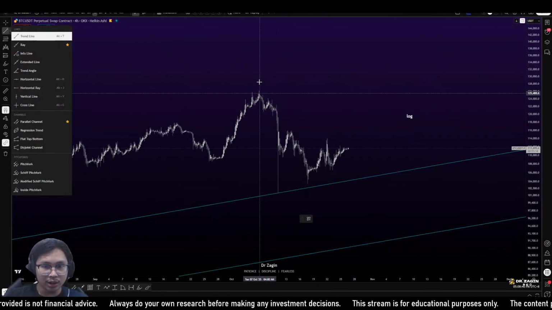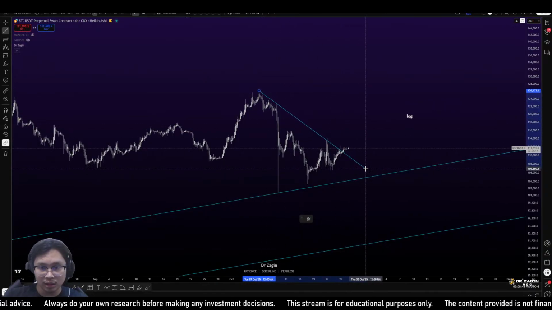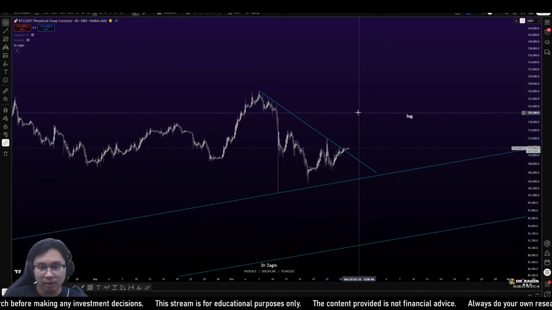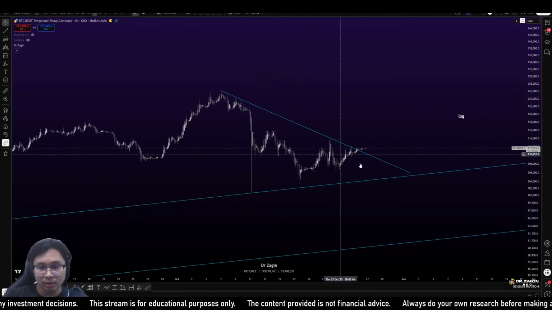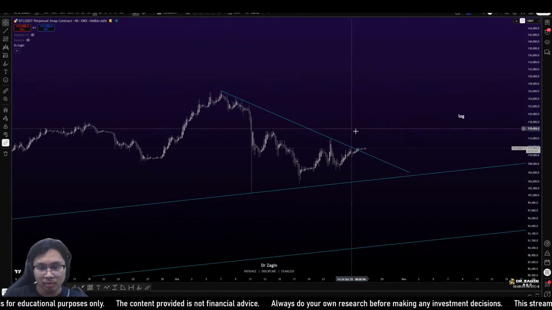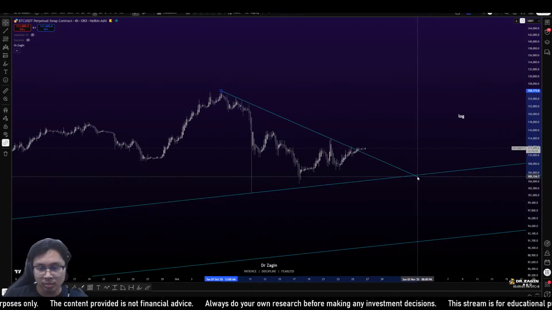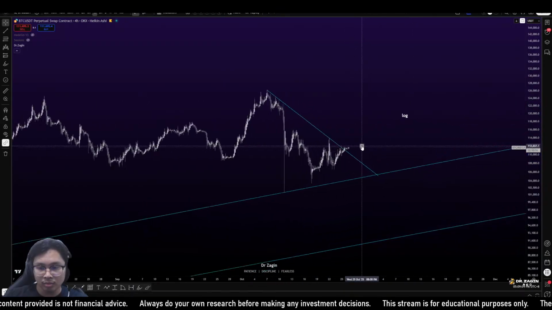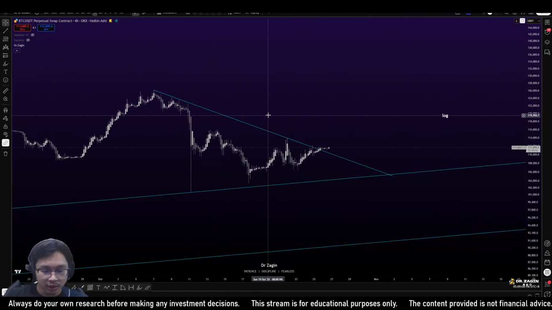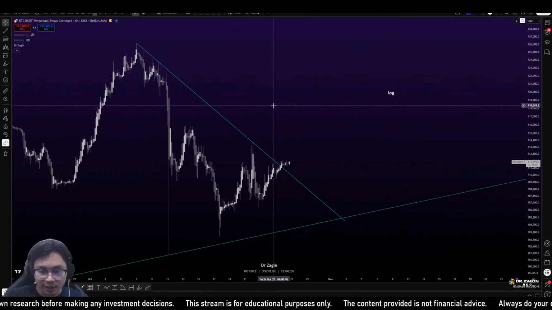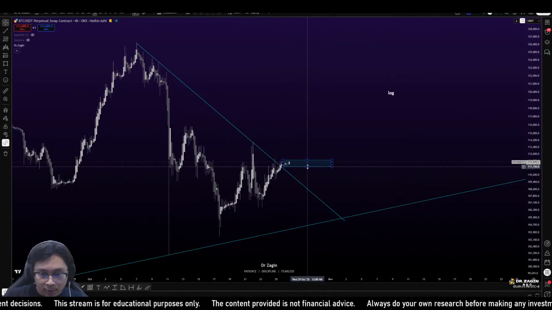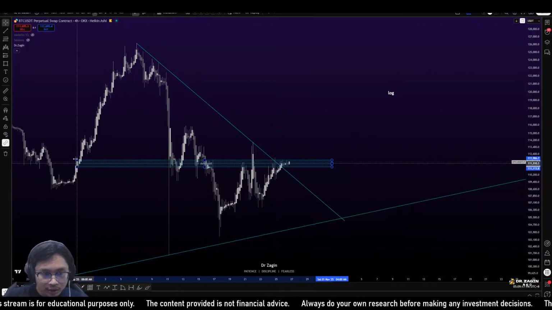So if I consider this as my trend line, then consider this consolidation phase as my potential buying area.